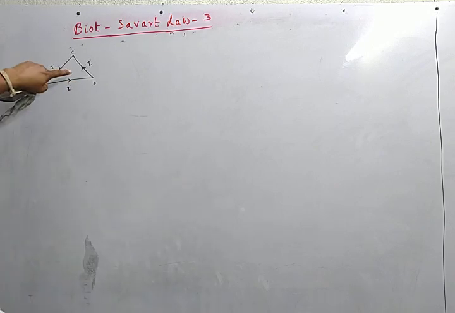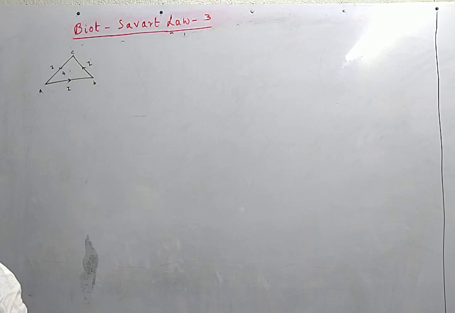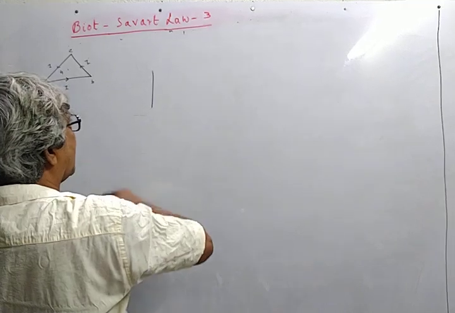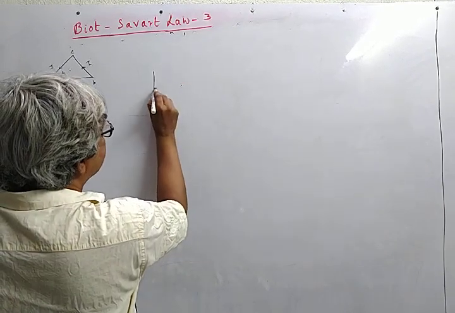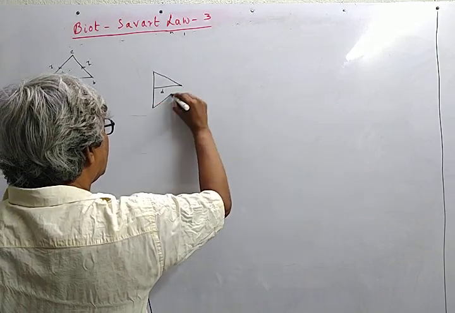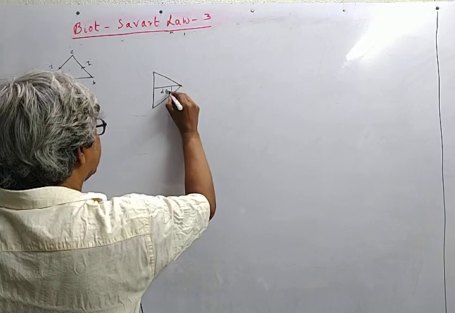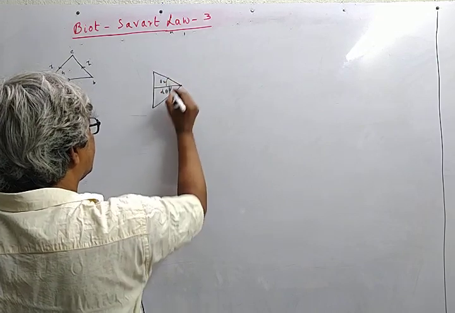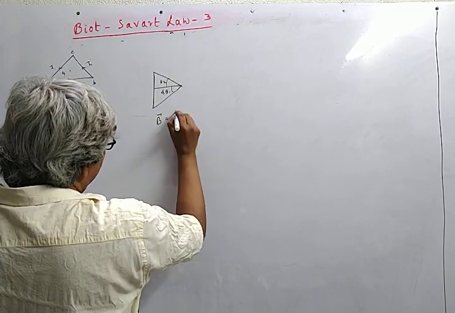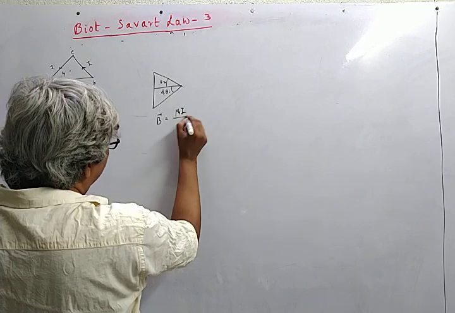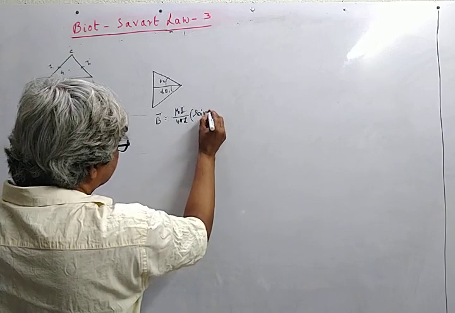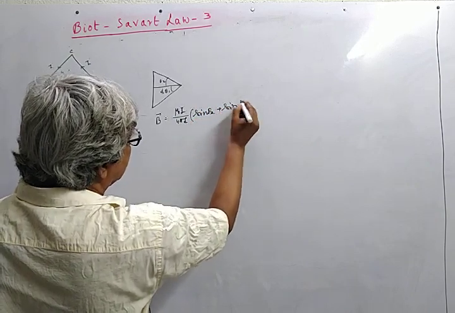Obviously, if we calculate the field at G, the field will be directed towards us. And we know that if we have a conductor of finite length, and if this perpendicular distance be d, and these are the angles minus theta 1 and minus theta 2, then the field is obtained as mu 0 I upon 4 pi d times (sin theta 2 plus sin theta 1).